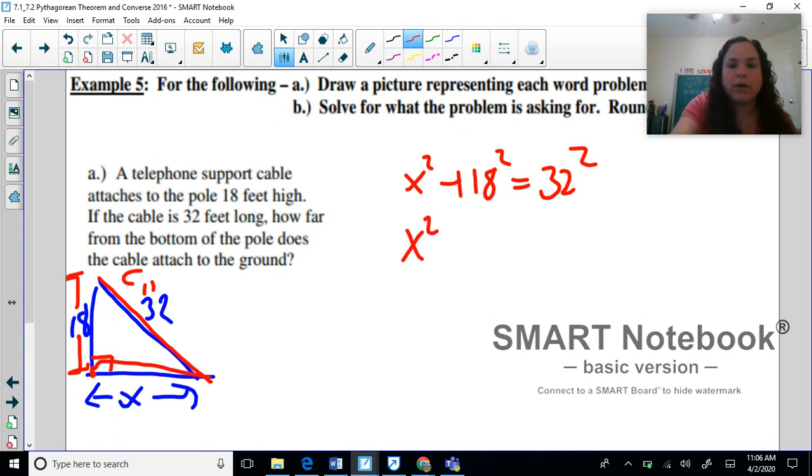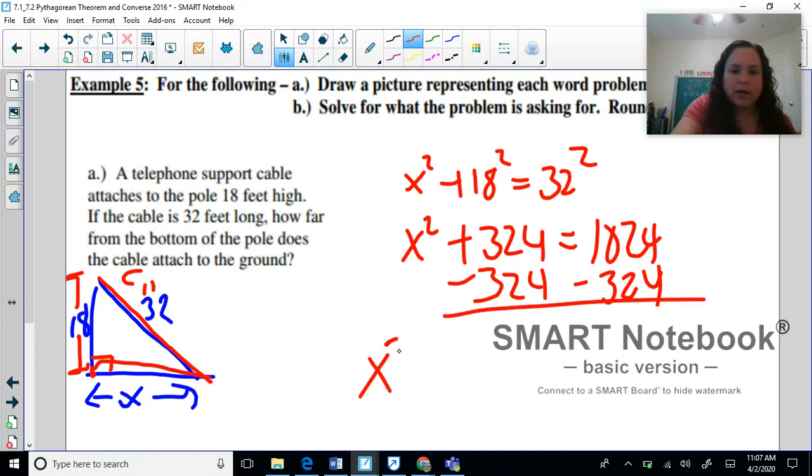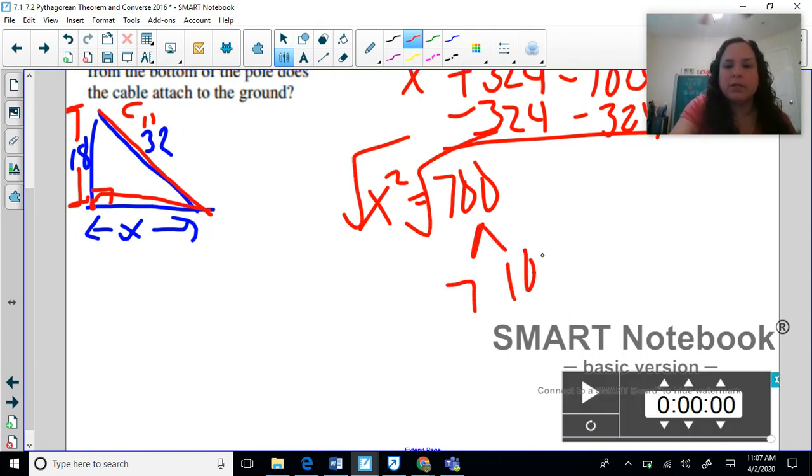So we'll have x squared plus 324 equals 1024. We'll subtract 324 from both sides and get 700. X squared is going to equal 700. We will take the square root of this, break down the 700 to 7 times 100.